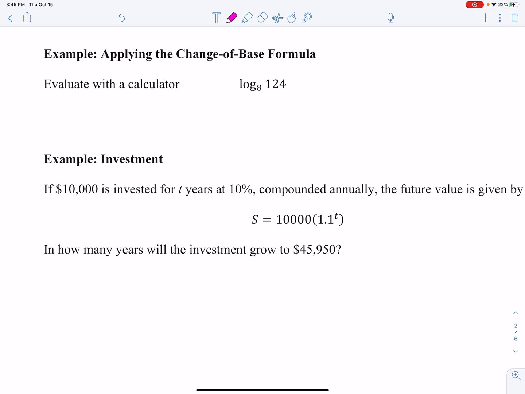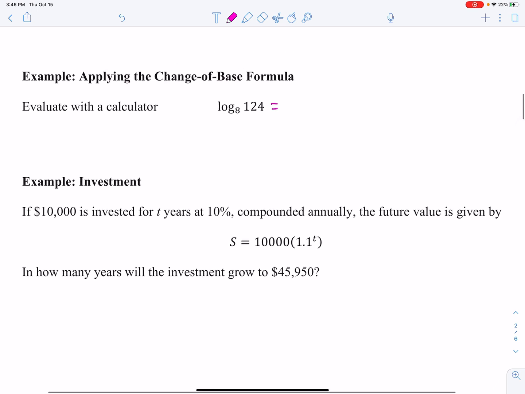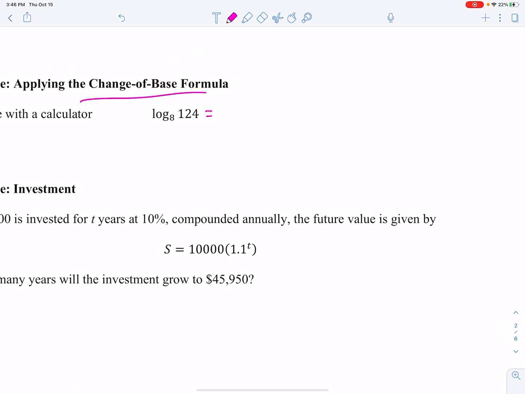All right, so let's evaluate this one. It says evaluate with a calculator. You can do that by plugging in, but we can use the change of base formula, right? So again, most of your calculators now will do a log base 8, but for those of us that have an older calculator, let's just do it with the change of base formula, okay?